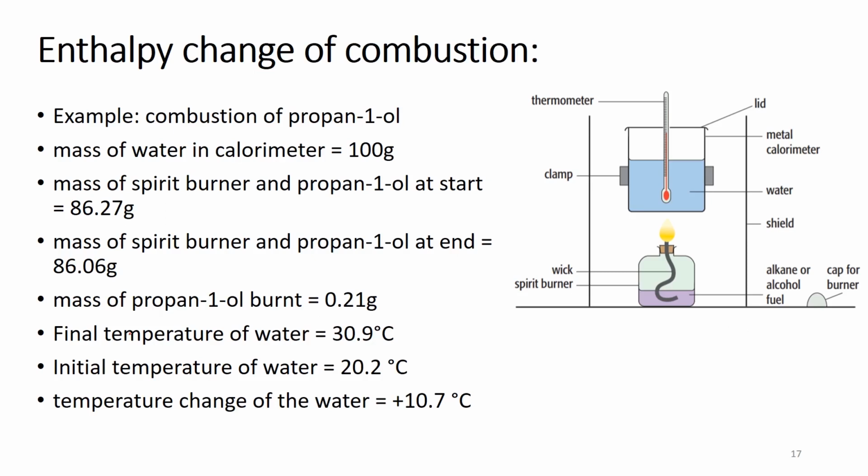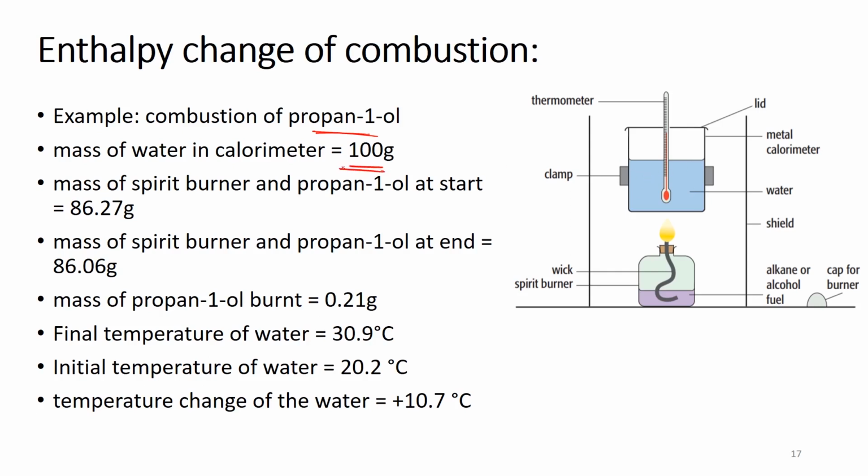Now let's look at another example, and in this case we will need to calculate the enthalpy change of a combustion reaction. Here you can see that we used this spirit burner to burn propanol, and we will heat a beaker which is filled with a certain amount of water.